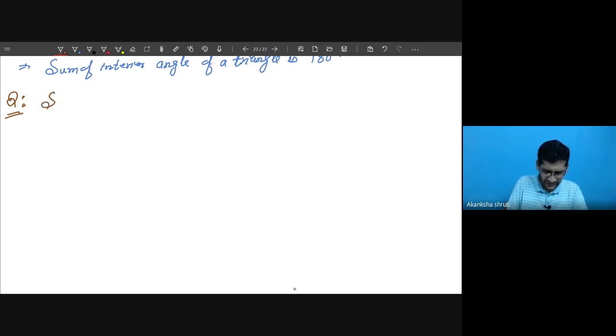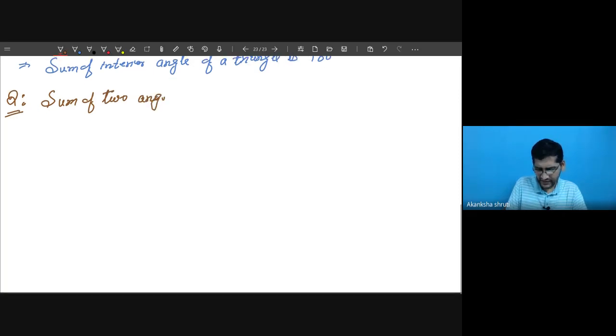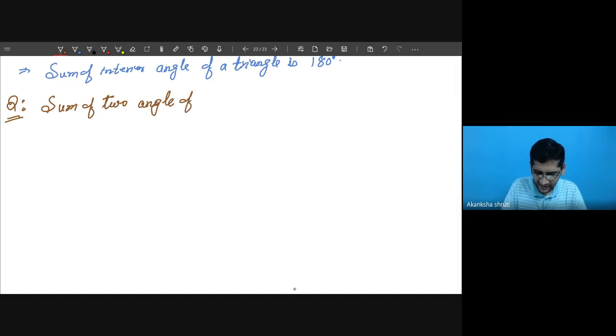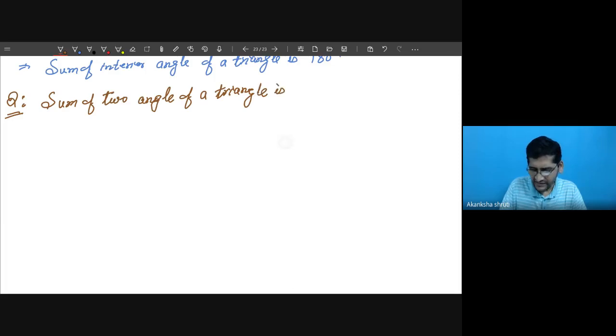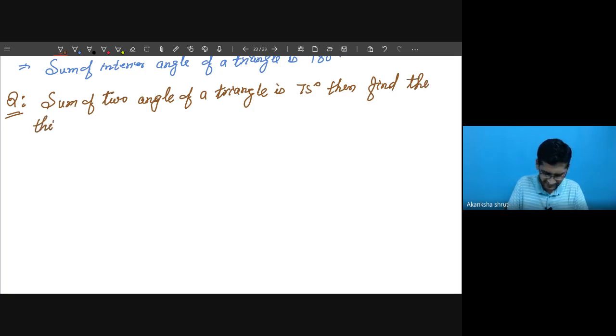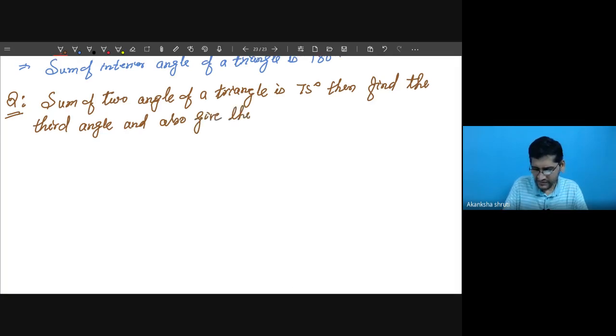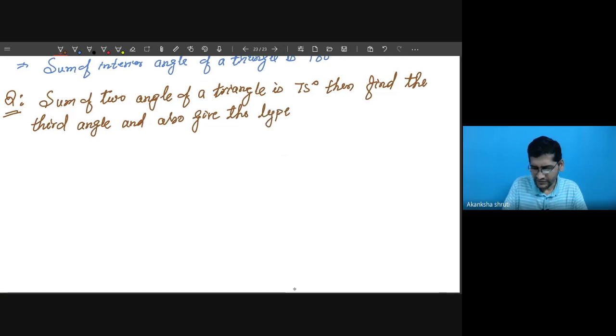The sum of two angles of a triangle is 75 degrees, then find the third angle and also give the type of triangle.